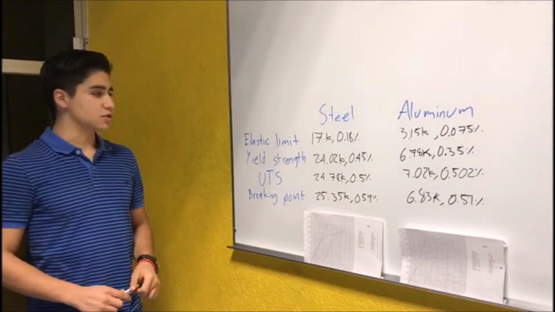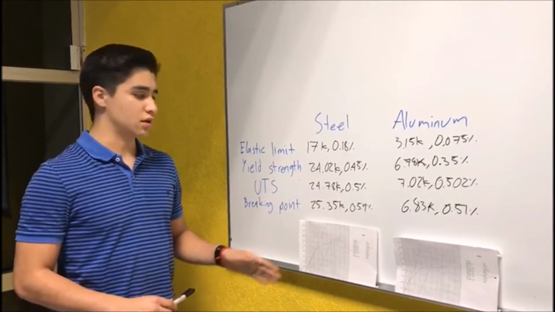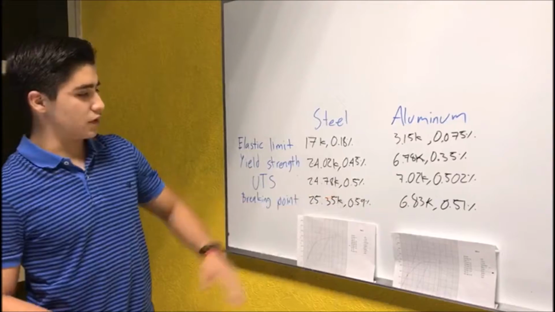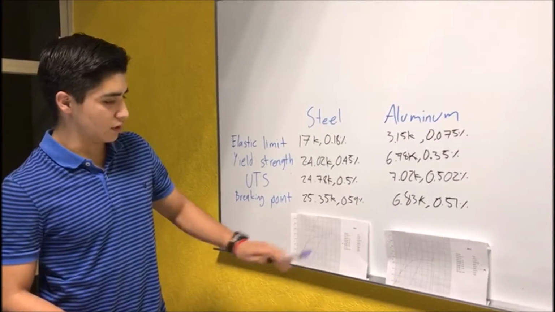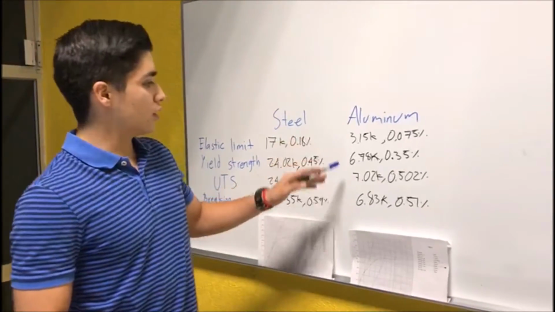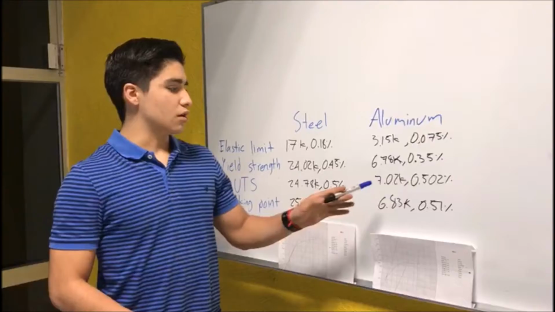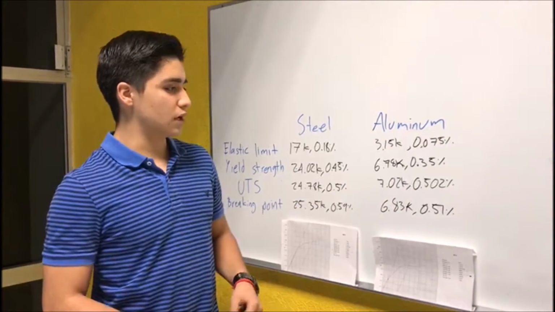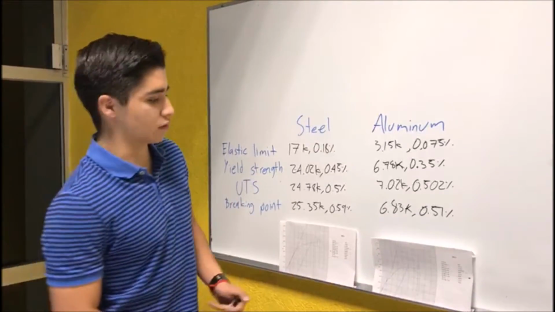The ultimate tensile stress in the steel was 24.78K of load and 0.5% of the stress in the green one, and the aluminum was at 7.02K of load and 0.502% of stress, same in the green.